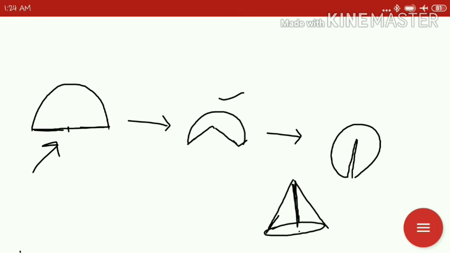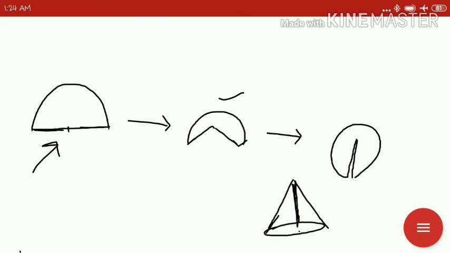You can do it or you can see the demonstration by taking a semicircular lamina of paper and then try to fold it along its radius. Then you will see that it is appearing in this way. So the joining of the radii will appear on the curved surface area.